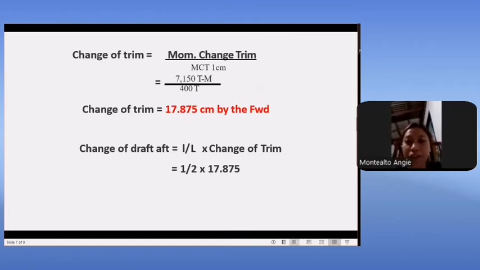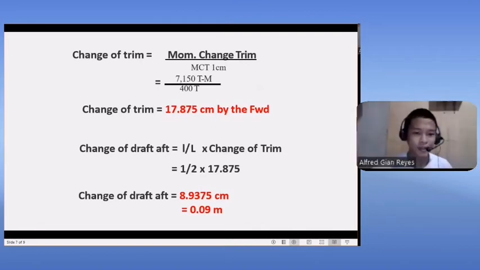So one half times 17.875, we divide, and we have the answer of 8.9375 in centimeters. Then in meters is 0.09. So that's for the change of draft aft calculations.